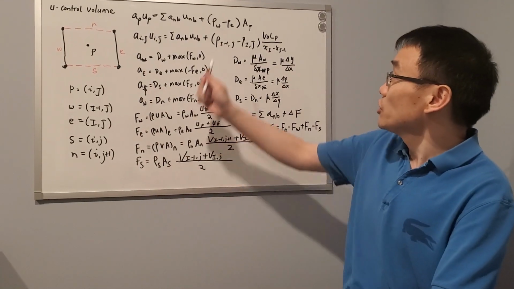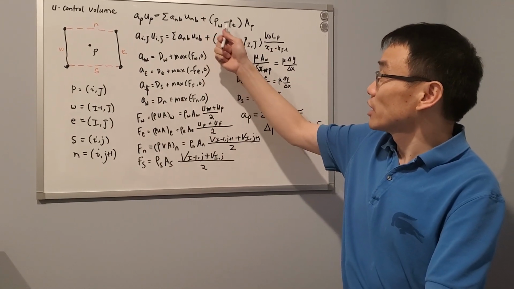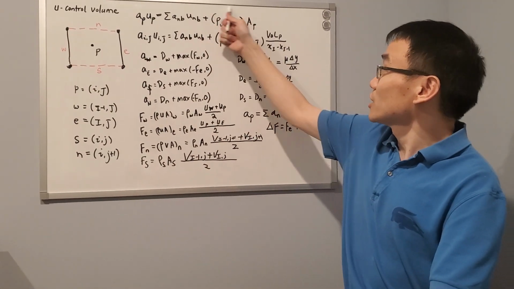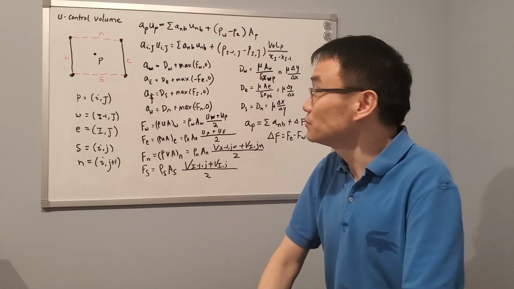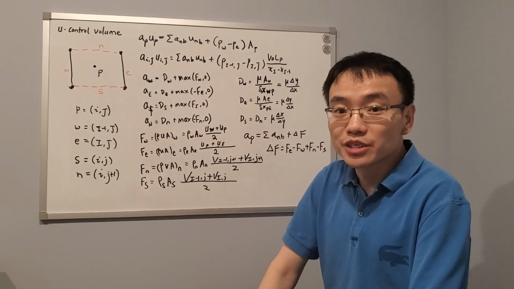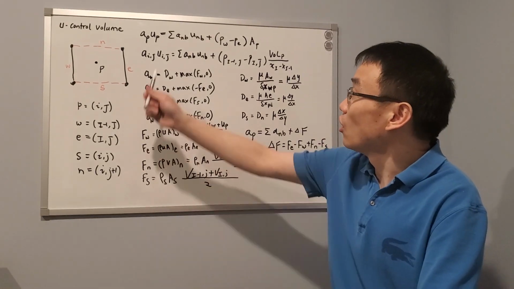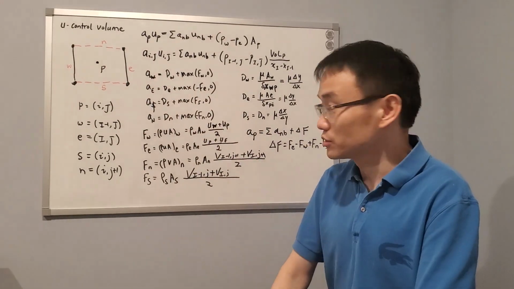Okay, if we treat pressure as guessed values and then this product as the SU term, then we can easily set up linear equations for all U control volumes.